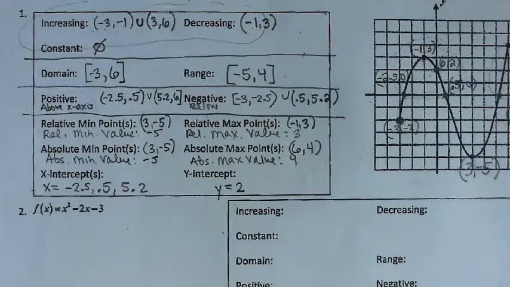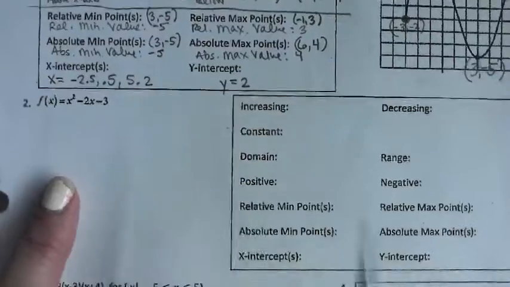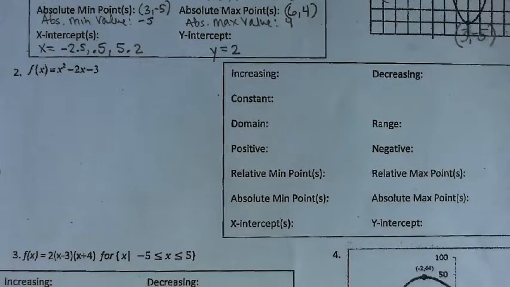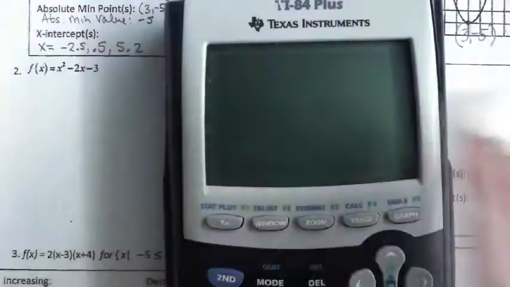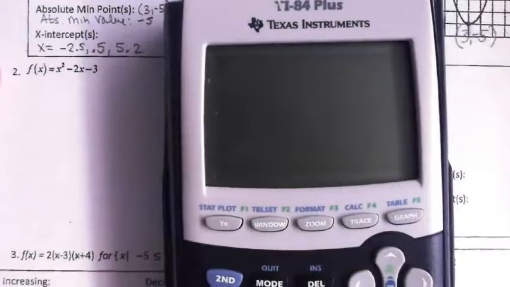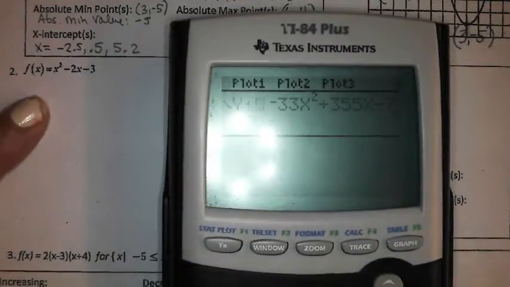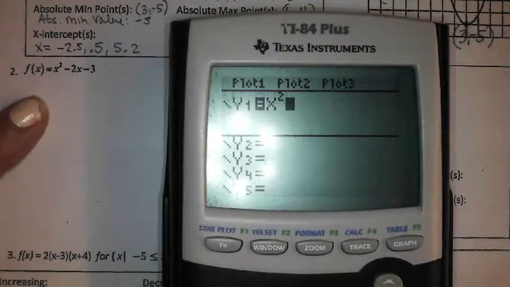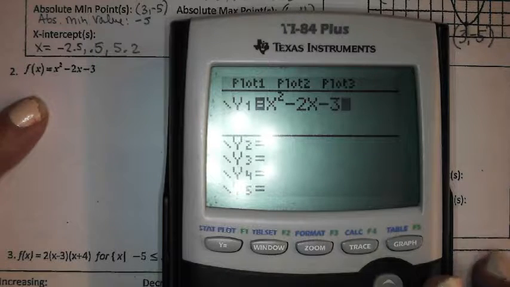All right. I would like to jump down to 2, where I don't have a picture. I have no image. I have to use my calculator. So, go to your y equals, type it in, x squared minus 2x minus 3.